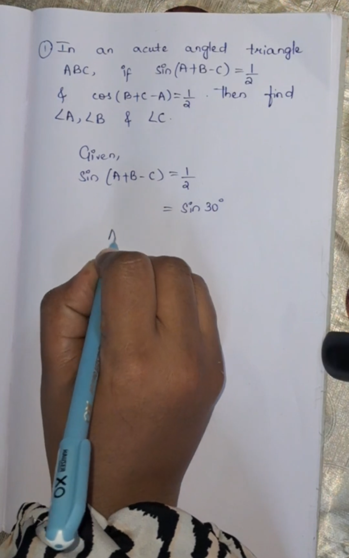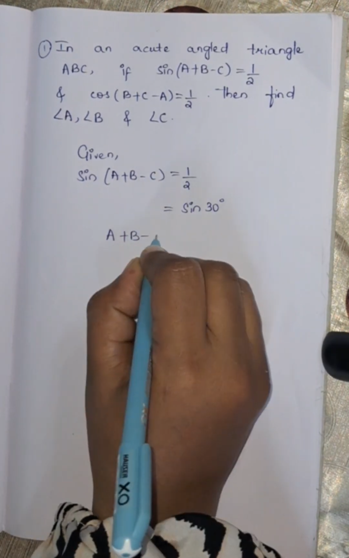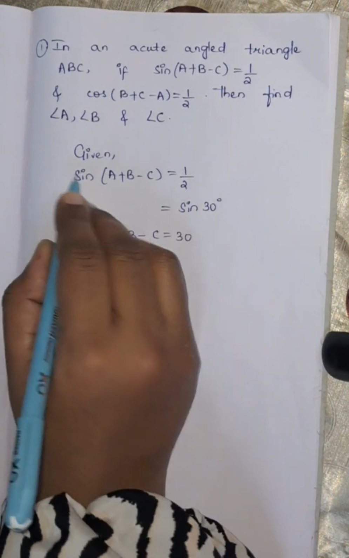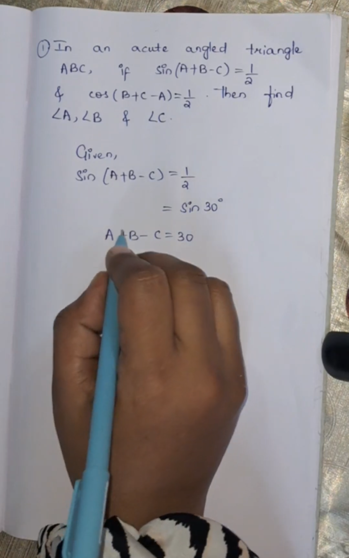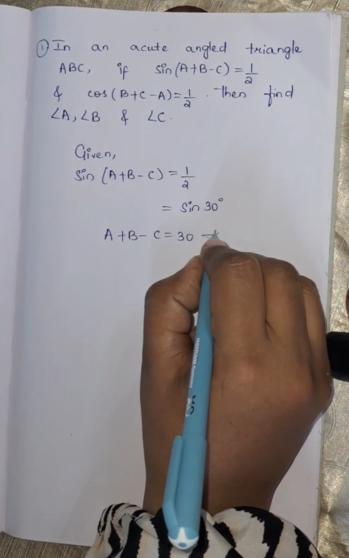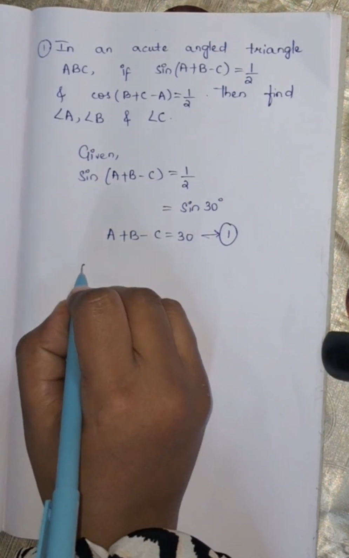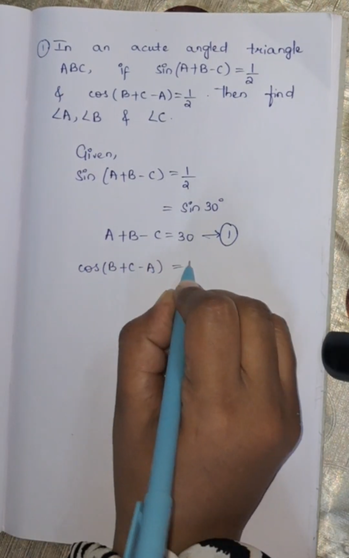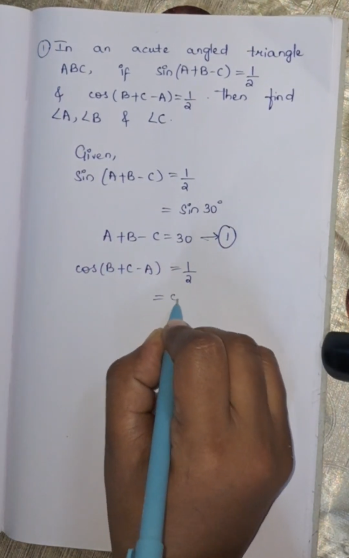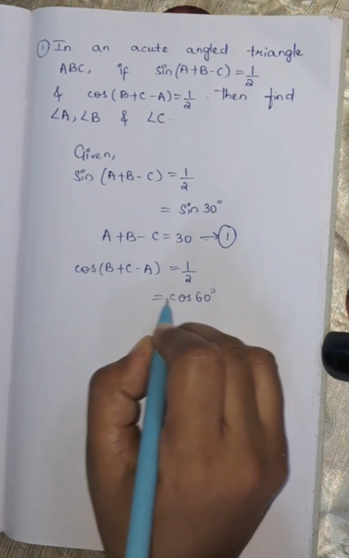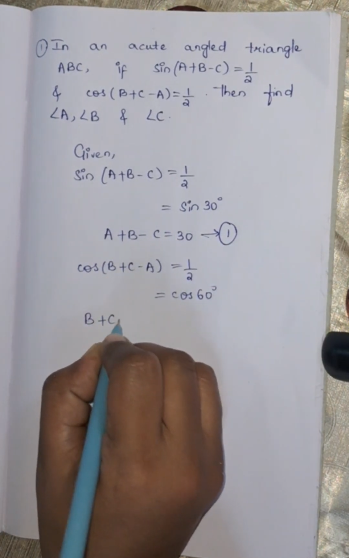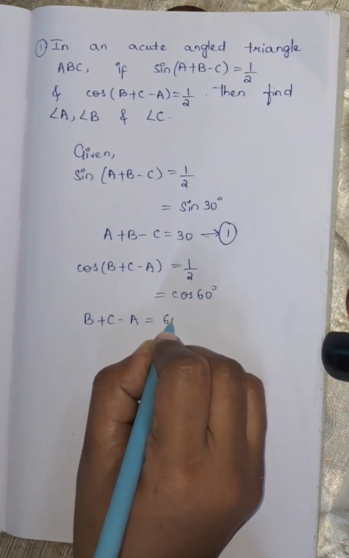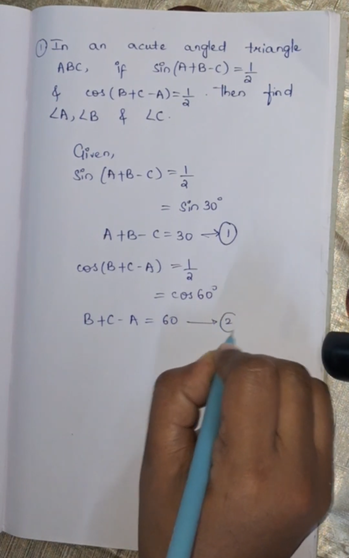So A + B - C = 30, since we are equalizing this. Let it be equation 1. Now take cos(B + C - A) = 1/2. What is cos of 1/2? Cos 60. So B + C - A = 60. Let it be equation 2.